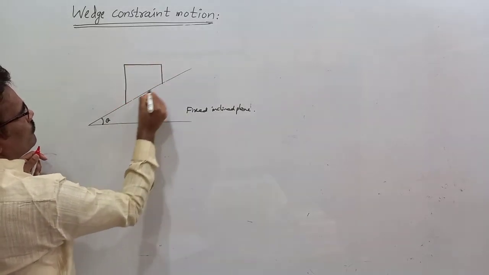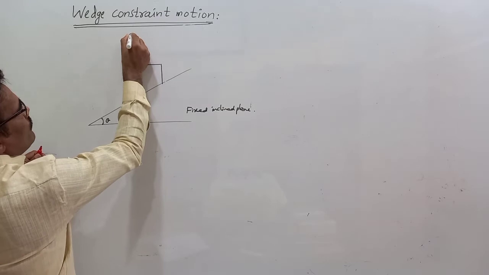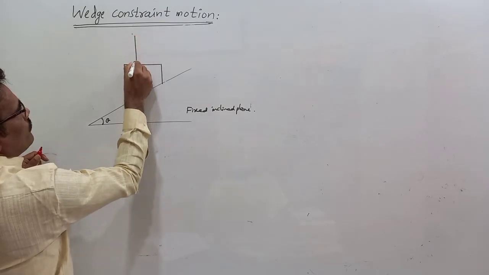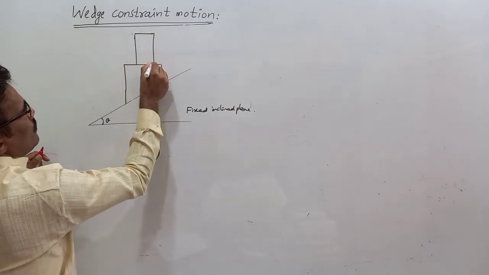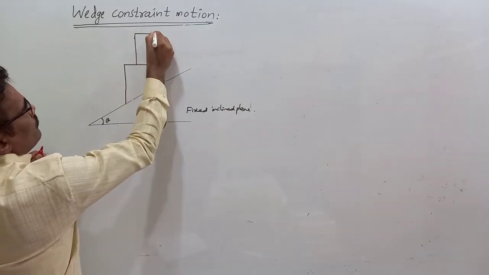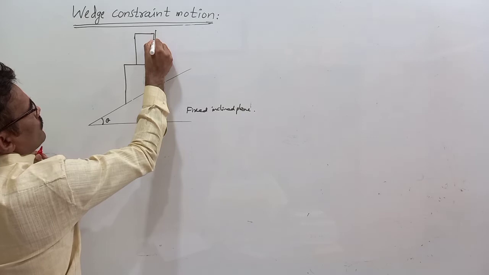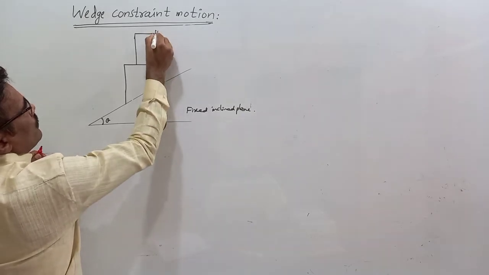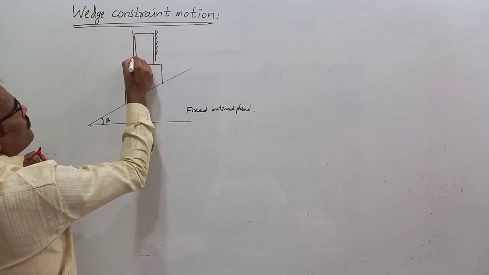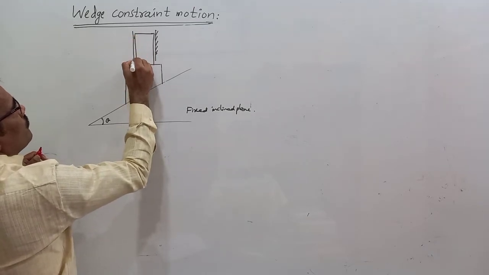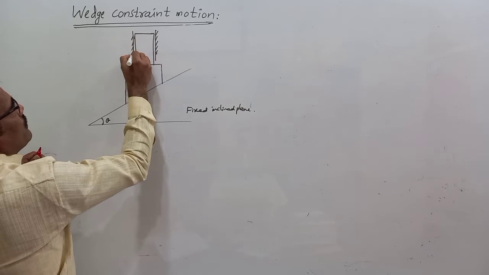This is the wedge, and here a block. This is the block. The supports and smooth surfaces are like this.